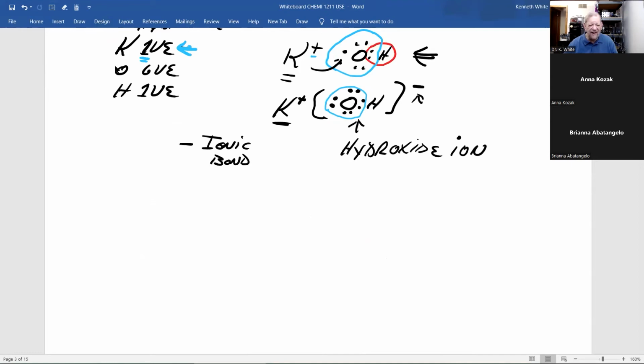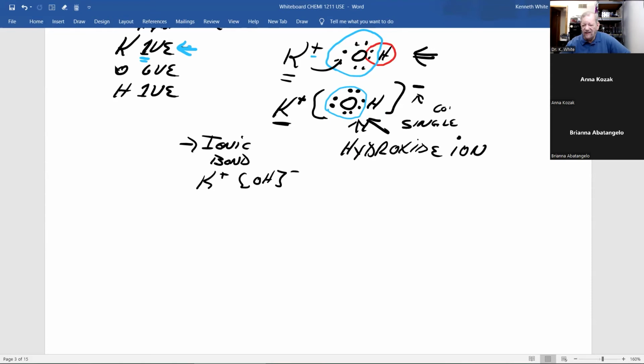So there's an ionic bond between this and this. Ionic bonds result from transfer of one or more electrons from one atom or group of atoms to another atom or group of atoms. Now, between the oxygen and hydrogen, there's one pair of electrons being shared, and that's a single bond.